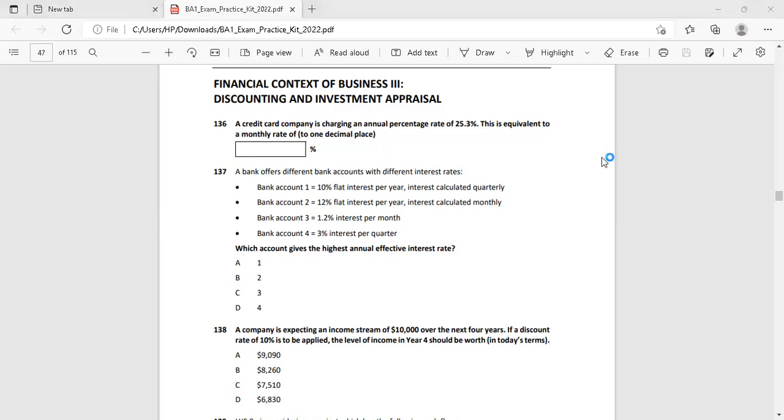It is 1 plus the annual rate to the power of 1 by 12. That is the monthly rate.